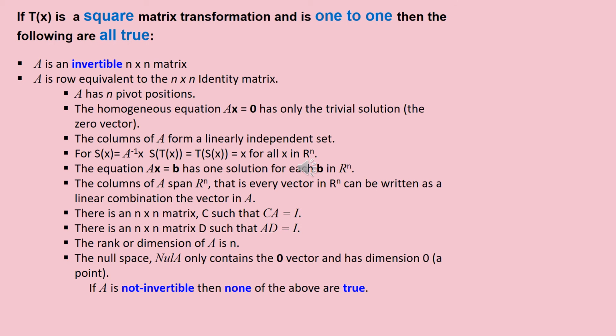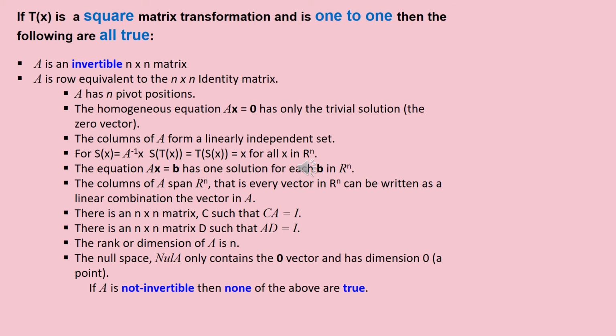It will be row equivalent to the identity matrix. Thus, it will have n pivot columns. Thus, the homogeneous equation AX equals 0 will have only the trivial solution. The columns of A will form a linearly independent set. All the columns will be linearly independent because it RREFs to the identity matrix.